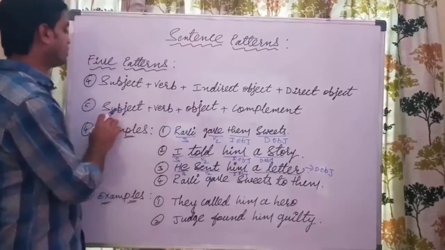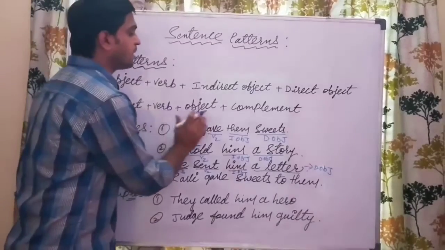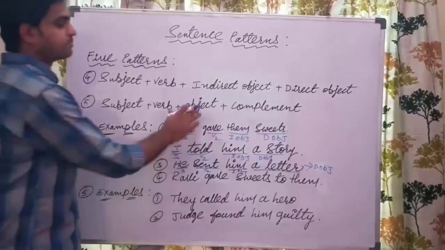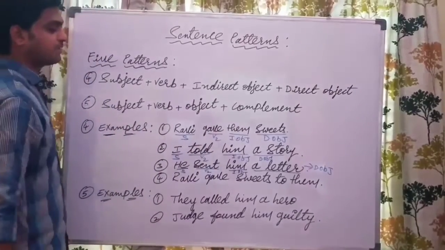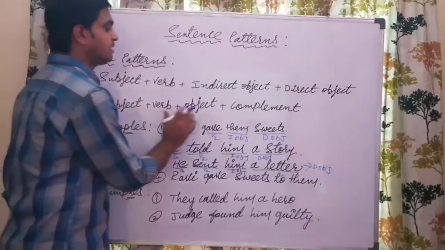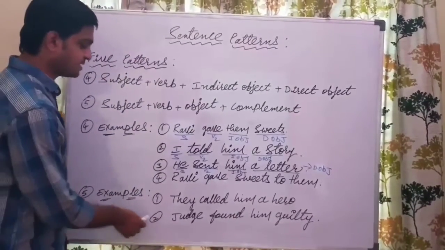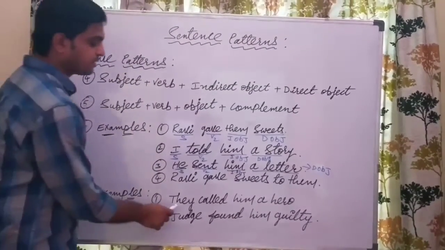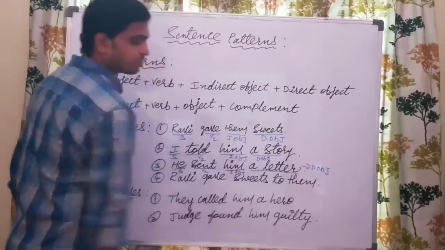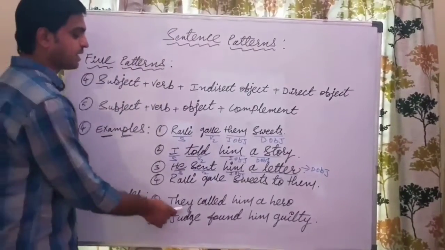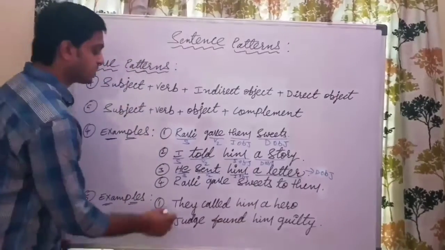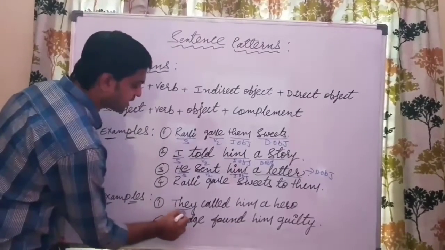And next we will go through subject, verb, object plus complement. Next one. If you see in this, there are some examples written here. They called him a hero. First one, they called him a hero. So here they is the subject.